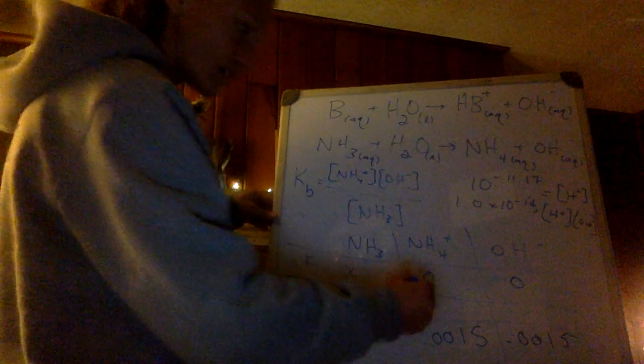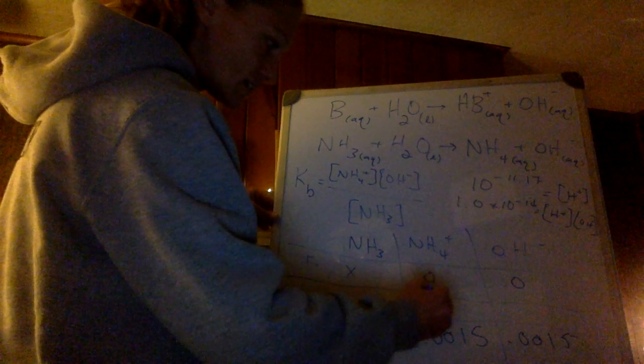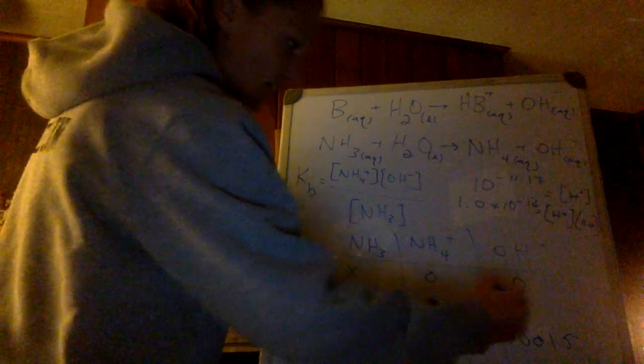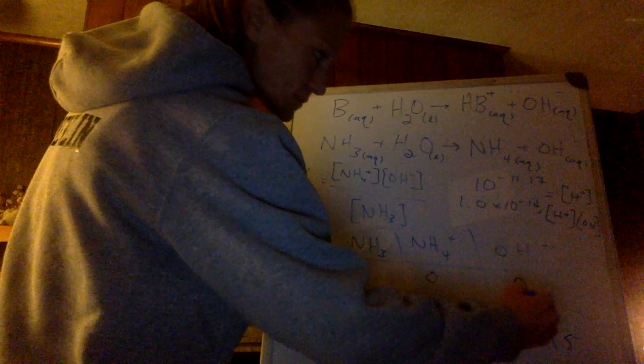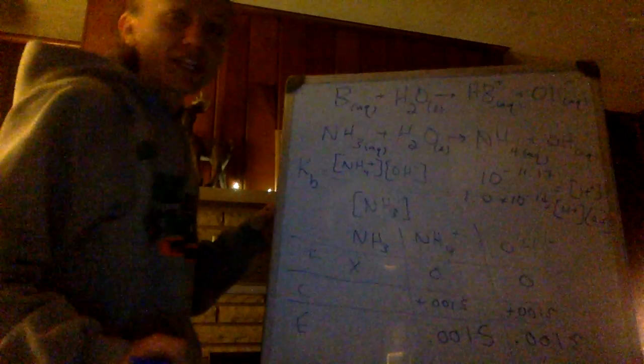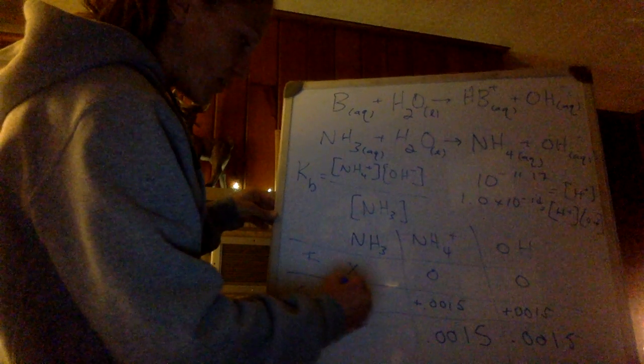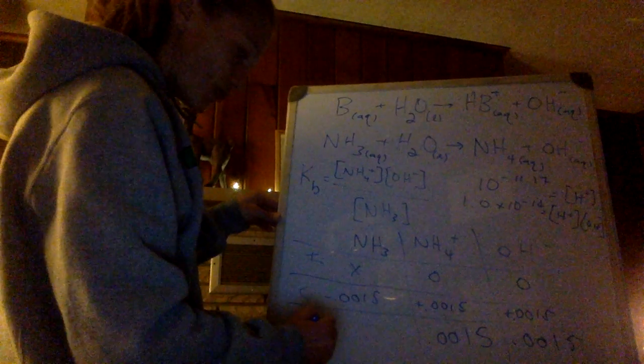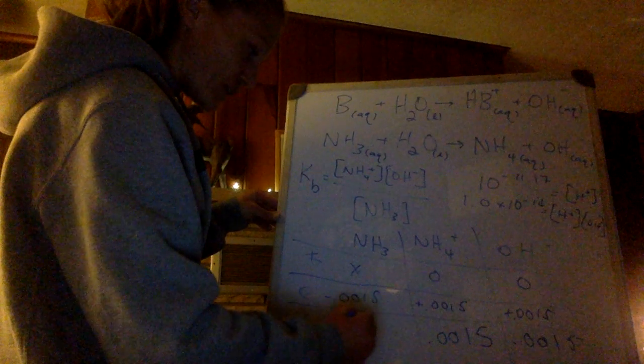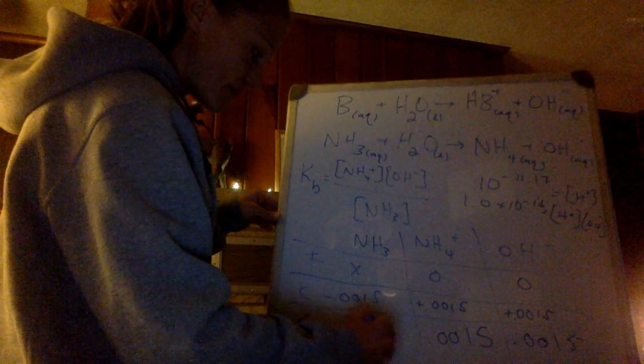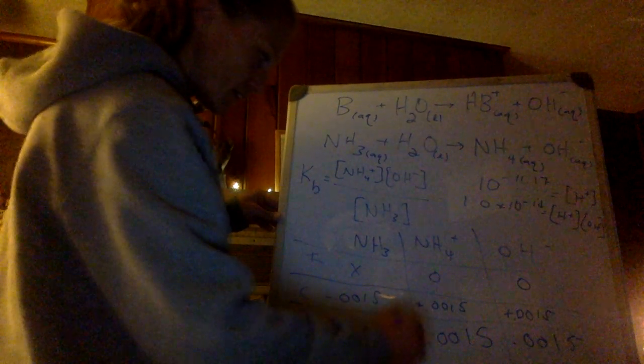What was my change? Well, it looks like I've gained 0.0015 here for both of these, which is really nice because I know then that NH3 has lost 0.0015, for a concentration of X minus 0.0015 molar.